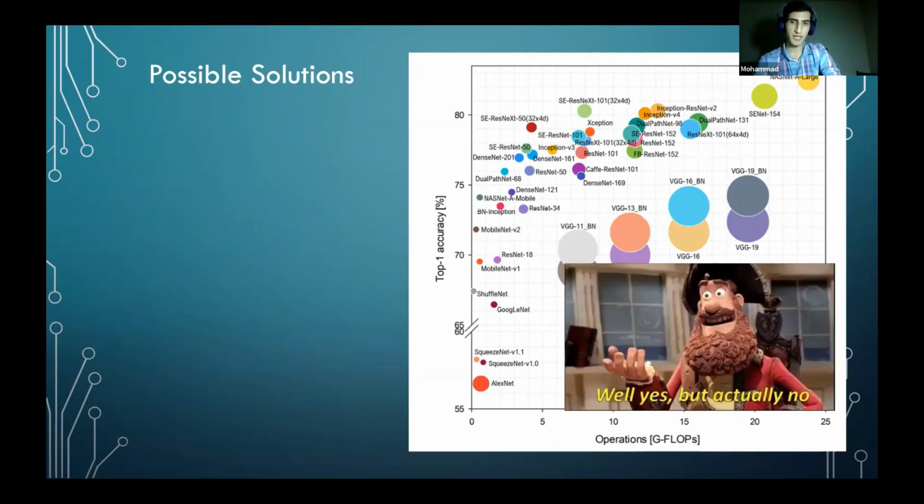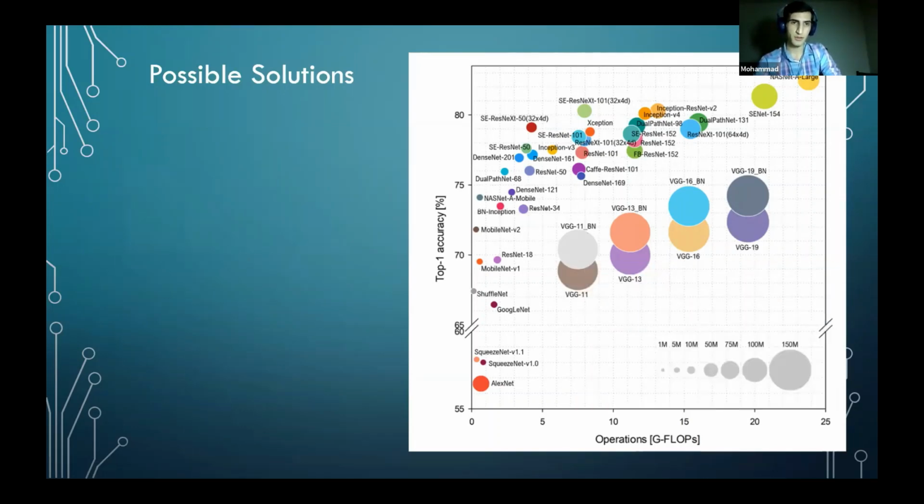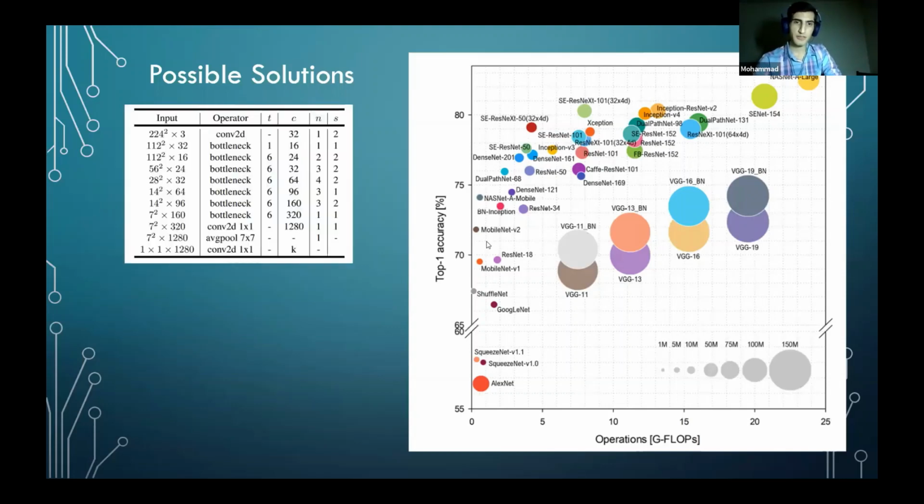That could be correct, but not quite, because, for example, you see that in MobileNet V2, we have an inverted residual block, and that inverted residual block has an expansion ratio, and that expansion ratio could be a lot, which is something that we do not necessarily need.